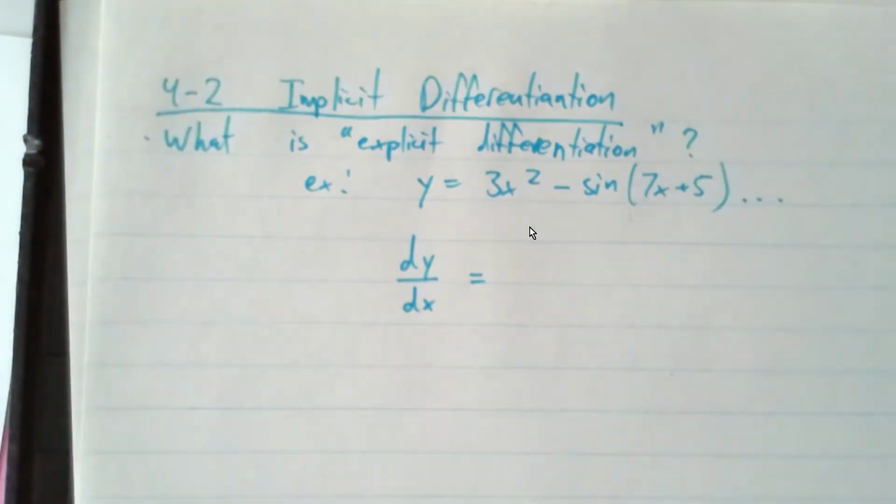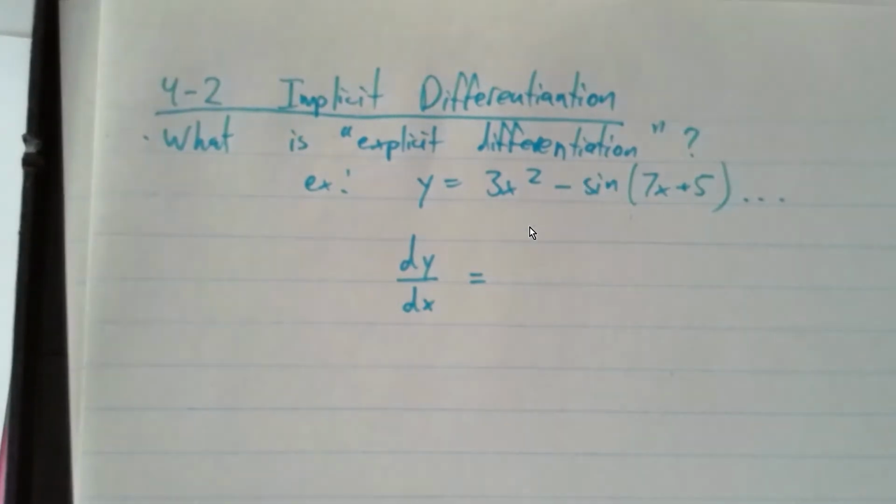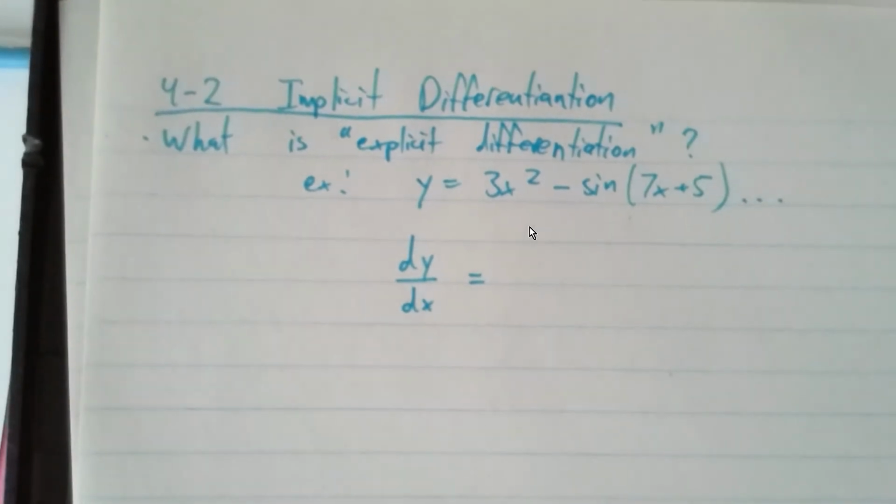If you need help, I gave you a handout. You should have grabbed it near Emily, in front of Emily's desk. It's a list of all the derivatives we're going to need to know for the whole year. So if you don't remember the derivative of sine, look at your handout. It's a little hard to see, but try your best with it. I'll find you a better sheet later, hopefully during the year. Okay, good luck.